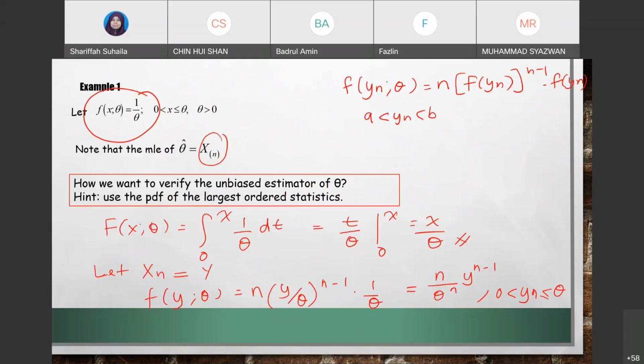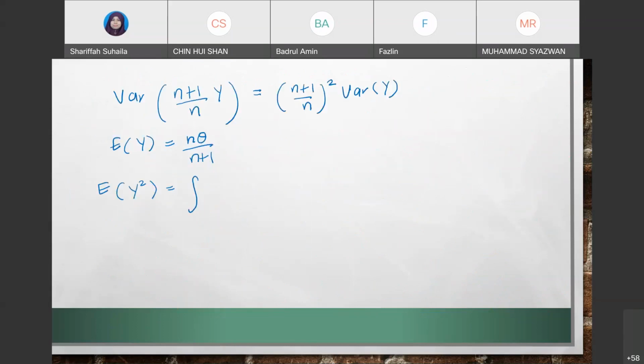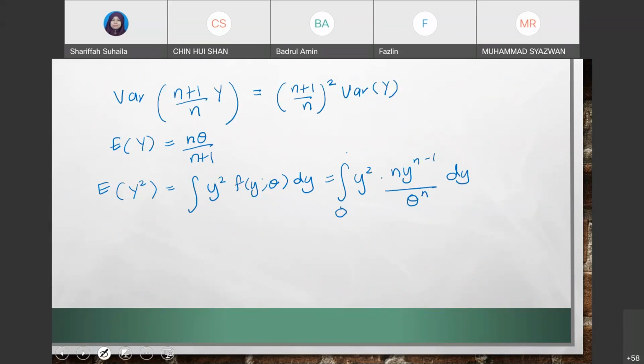Ini PDF sebab saya punya ni Y. So, saya akan menggunakan PDF for order statistic, which is n y^(n-1) over theta^n. Expected value of Y square is the integral of y square times f_Y(y; theta), which is n y^(n-1) over theta^n dy, dari 0 up to theta.